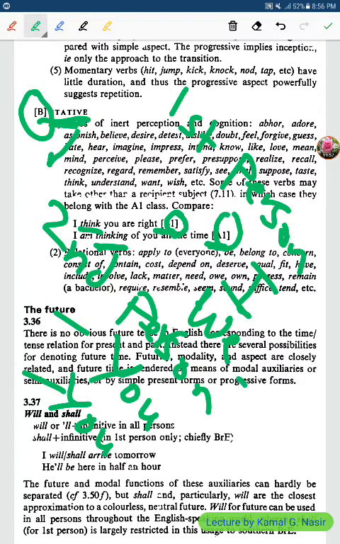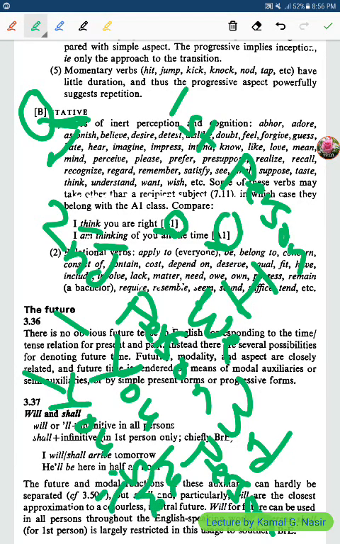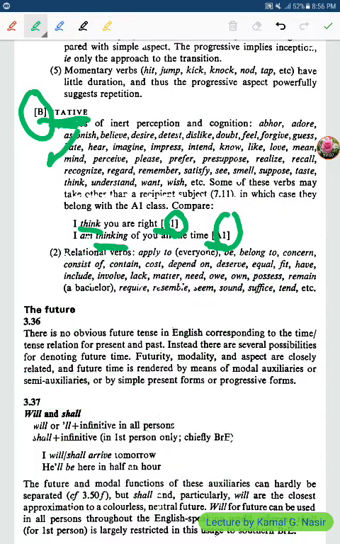And we have third person, which is he, she, it for the singular, and they for the plural. This is person.